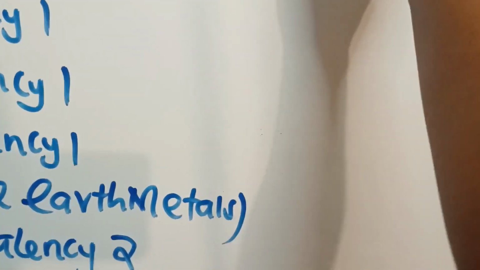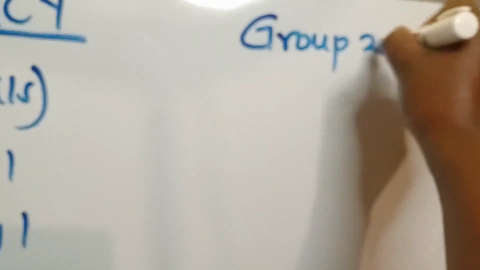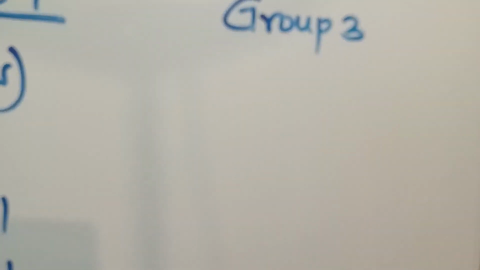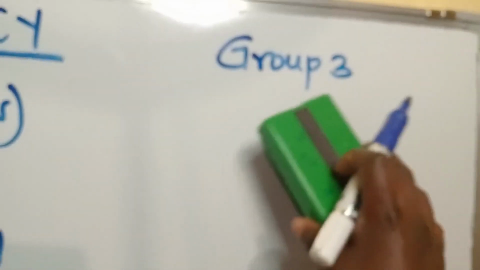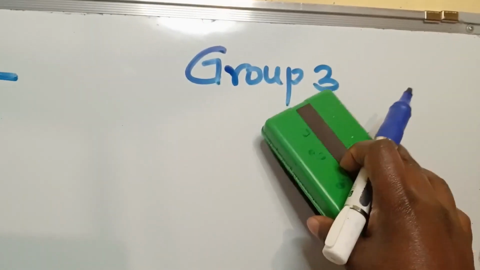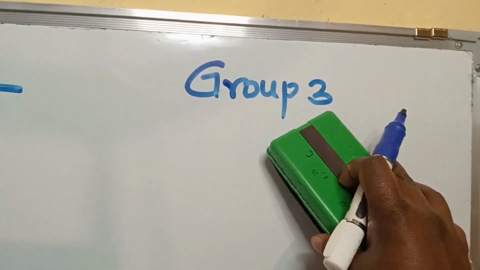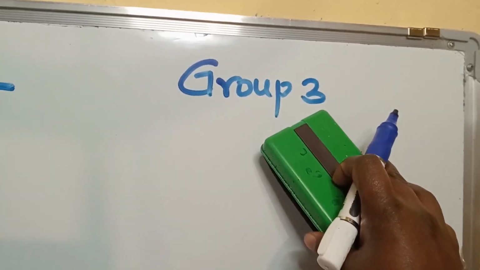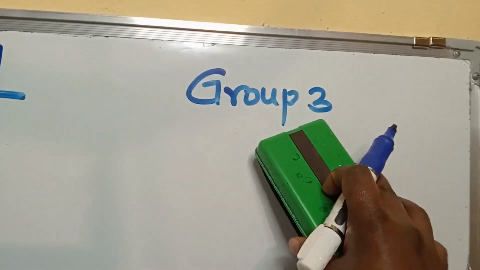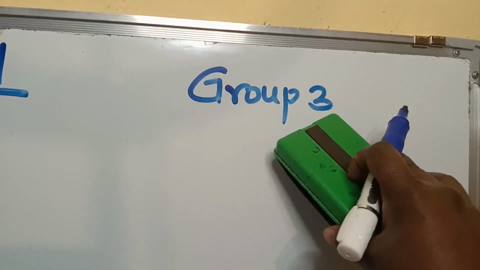This side we have group 3, and when I write it as this 3, it will be wrong. I have written it to just remind you that when you're writing the groups, we don't write them with the normal natural numbers.